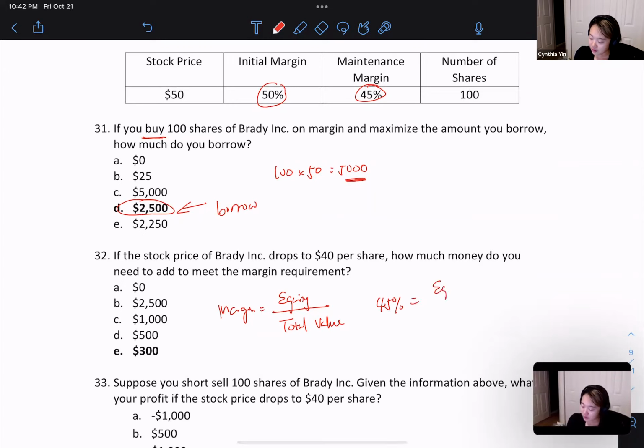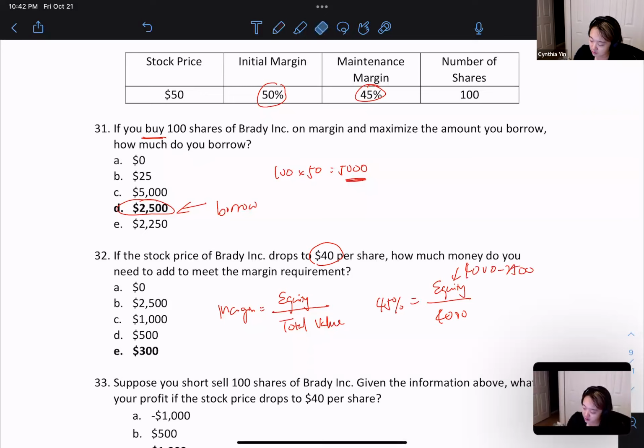And you have to maintain enough equity. Your total wealth here after the drop to $40 per share is 4,000. And your equity, how much is it? It's 4,000 minus 2,500.